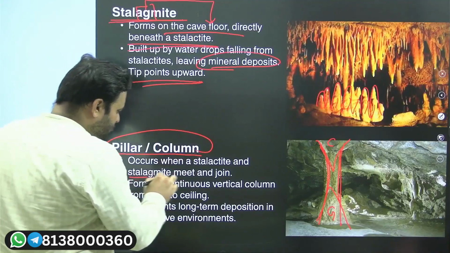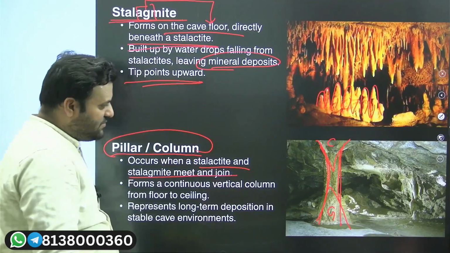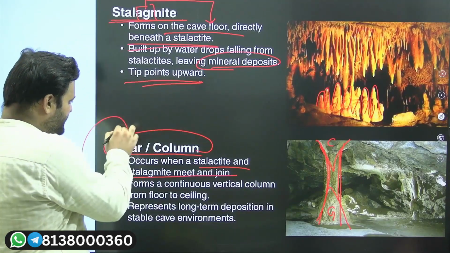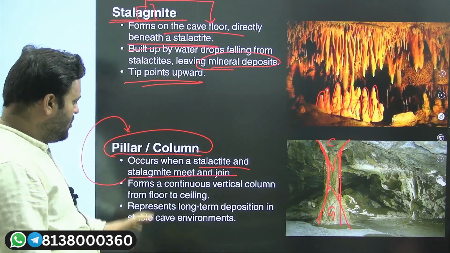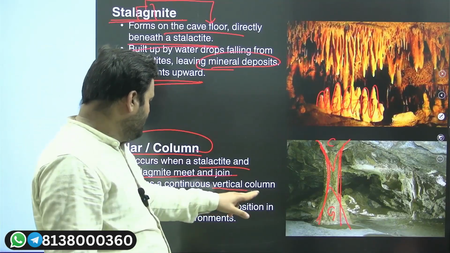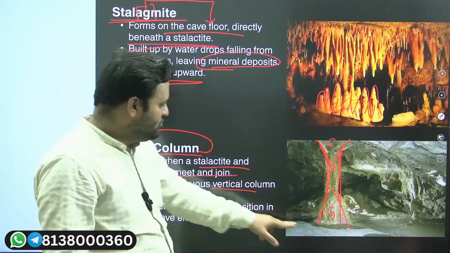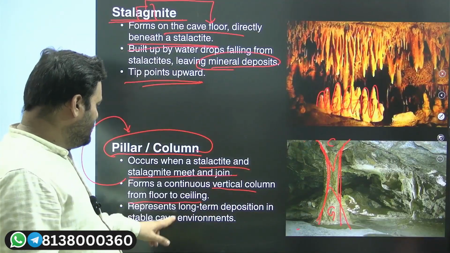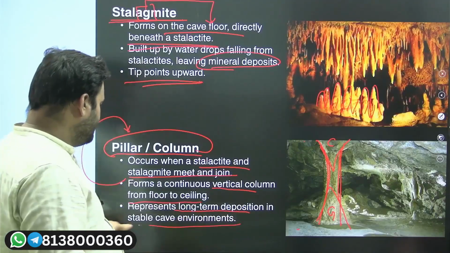So when these two, stalactite and stalagmite, join each other, the topographical feature will be called what? Rock pillar. It forms a vertical column from floor to ceiling, and represents long-term deposition in stable caves.